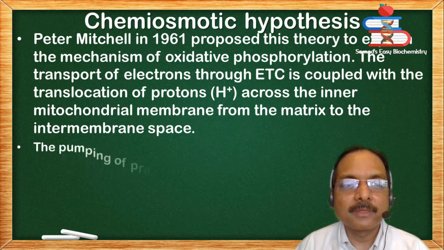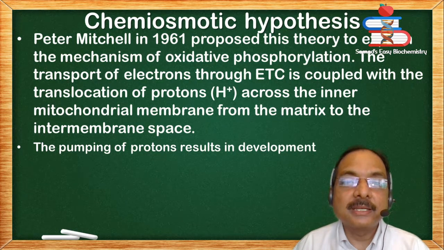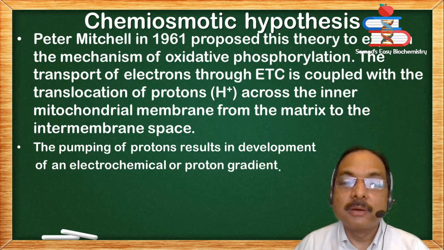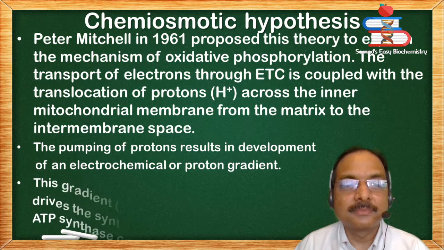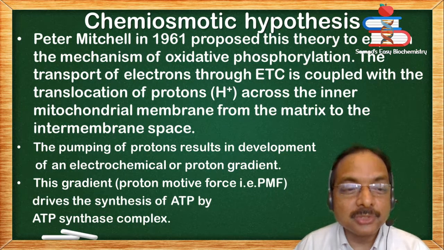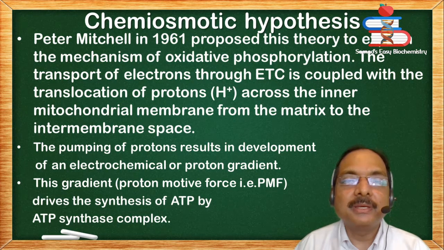The pumping of protons results in the development of an electrochemical or proton gradient. This gradient, also called proton motive force, drives the synthesis of ATP by the ATP synthase complex.